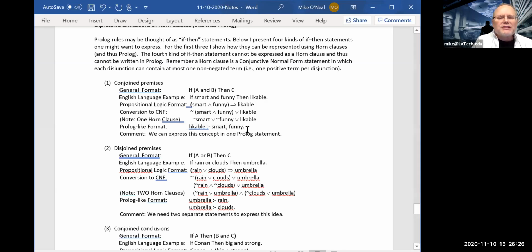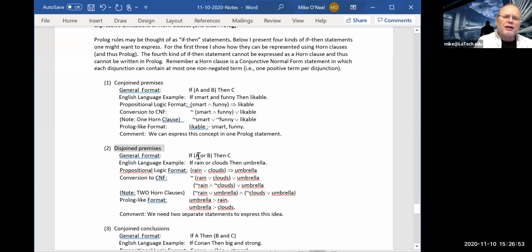Also notice Prolog statements end in a period because they're sentences, so we always end them in a period. So yeah, you can express this concept of if A and B, then C in one Prolog statement. So you can have multiple premises that are conjoined together, that are joined by and, that translates into one statement. How about disjoined premises?